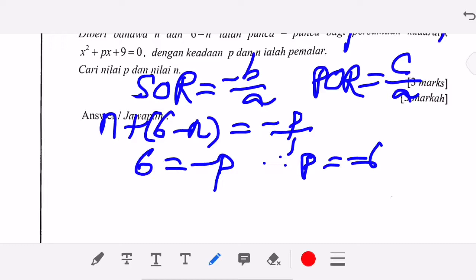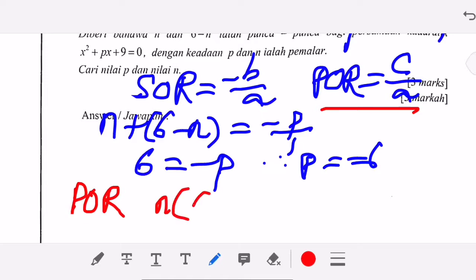Product means that you take the two roots and multiply. So we take n times 6 minus n, because these are the two roots. So for product of the roots, we always multiply. So n times 6 minus n is equal to c over a, where c is 9, a is 1.